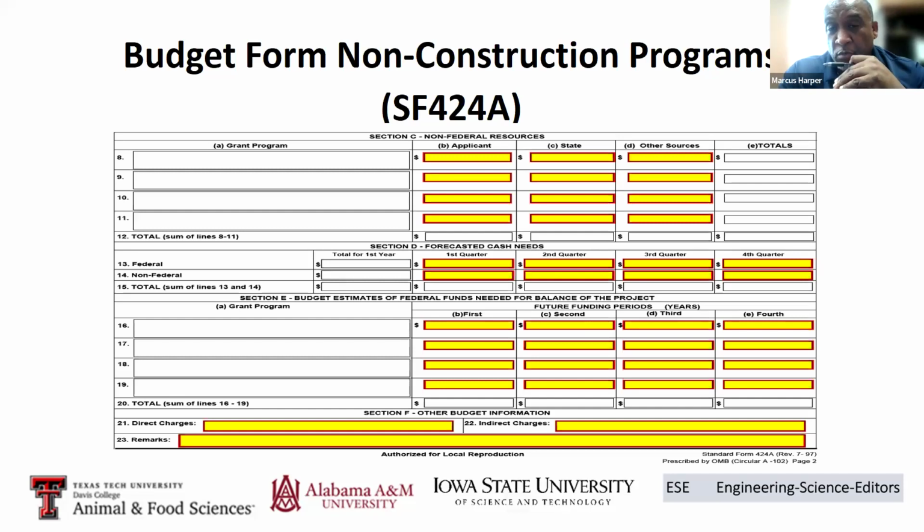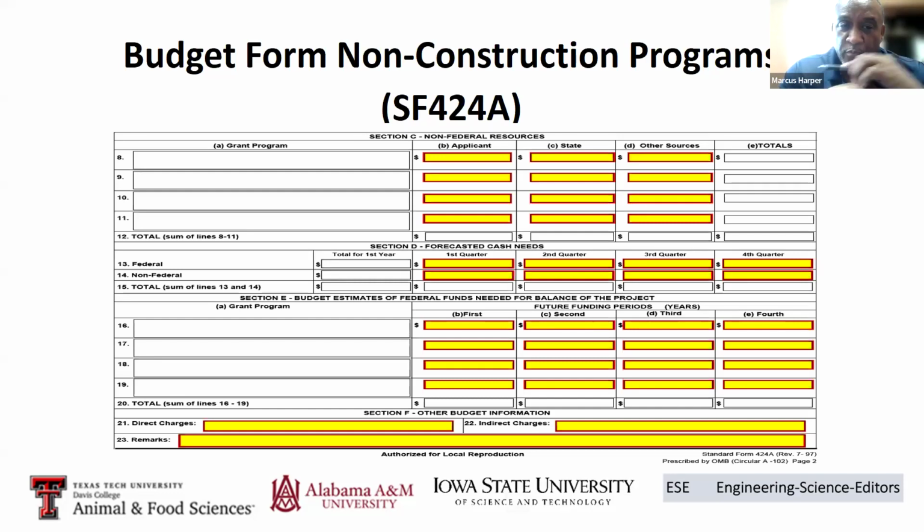That's going to give you a good estimate of what you would need per quarter for that first year. Now, that's if you don't have your budget broken down by quarter. If you have it broken down by quarter, you can actually just type in what you know that quarter would be, and that would suffice for that section.